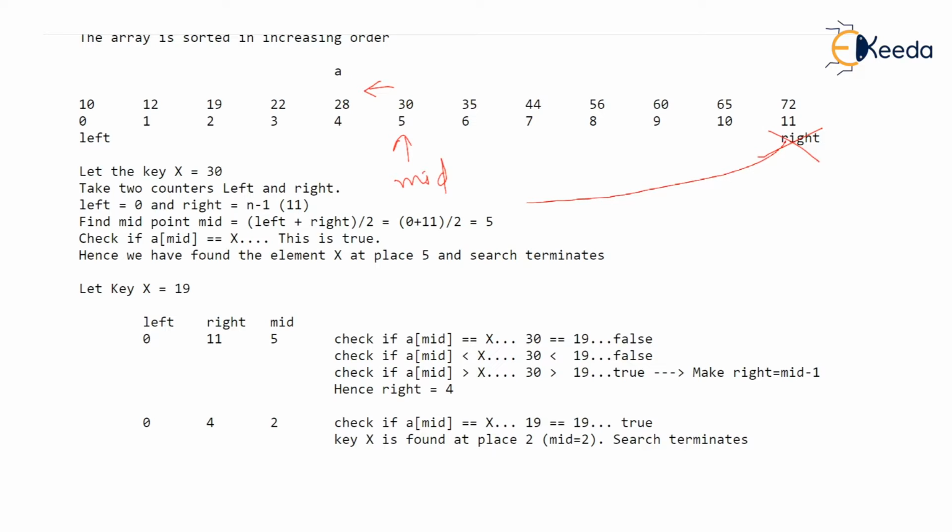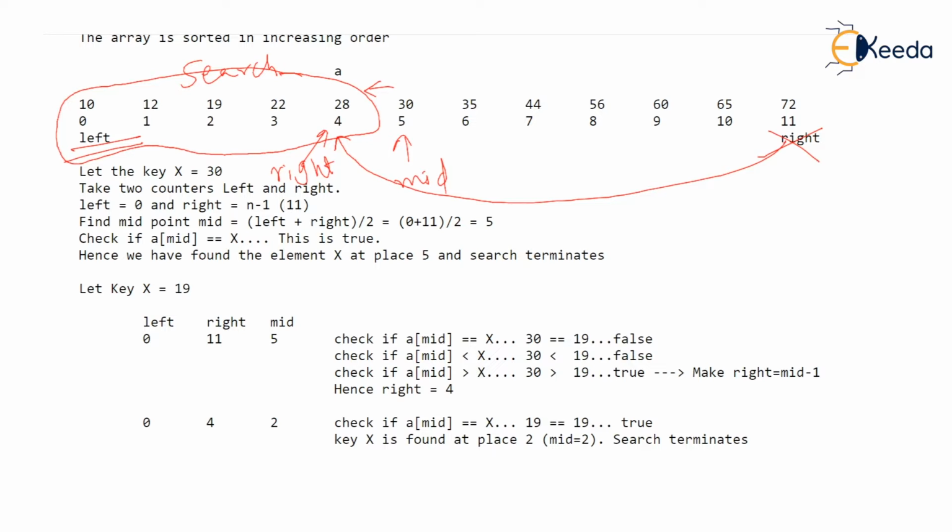Right is now 4, but notice left remains 0. What that means is now our partition in which we are searching x is no more 0 to 11. Now we are going to search x not from 0 to 11, but from 0 to 4. That is from left to right. Isn't it so?